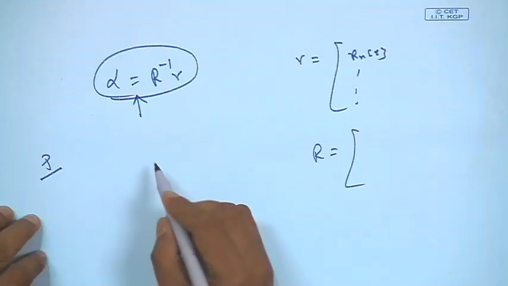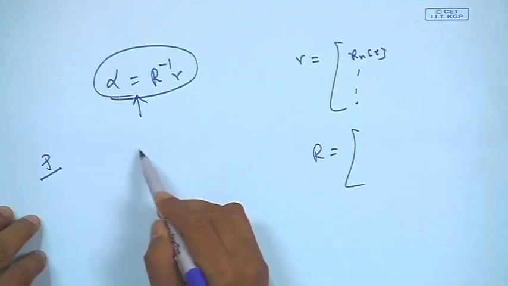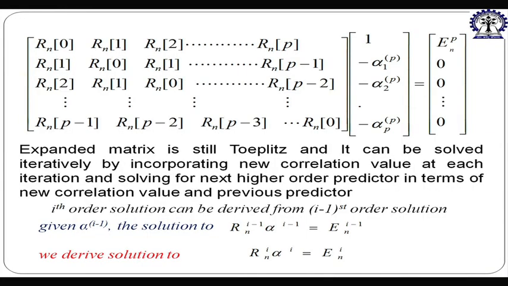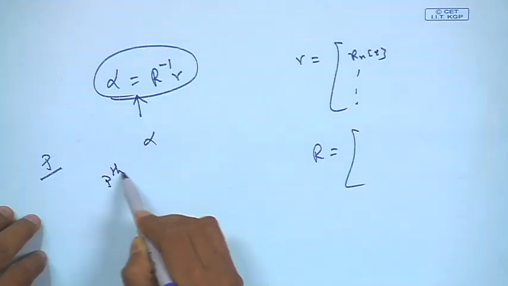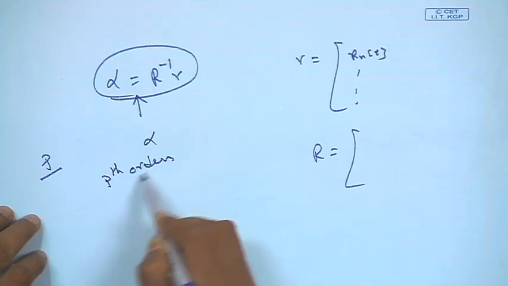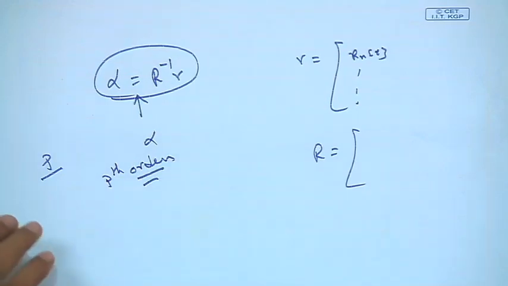So, I can iteratively predict the alpha value, and at the pth iteration it gives me the optimum solution.